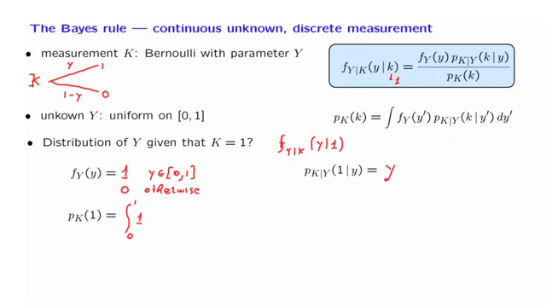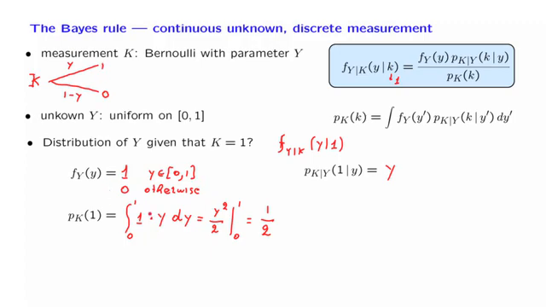And therefore we're dealing with this expression here, which is just y, and we integrate it over y's. So this is y squared over 2 evaluated at 0 and 1, which gives us 1/2. So this is the unconditional probability that k is equal to 1. If we know nothing about y, by symmetry, higher biases are equally likely as lower biases, so we should expect that it's equally likely to give us a 1 as it is to give us a 0.